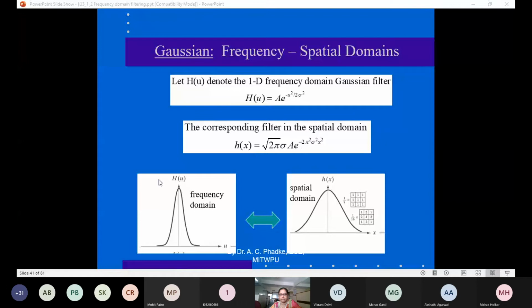So this is your frequency domain Gaussian filter represented here as H(u), and when we transform it to spatial domain, it looks like this, which is denoted here as h(x).